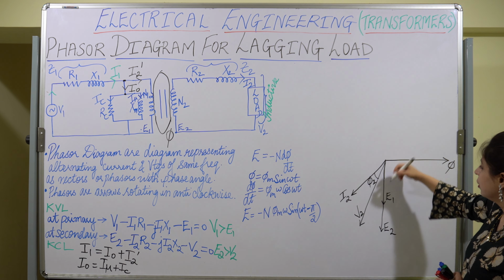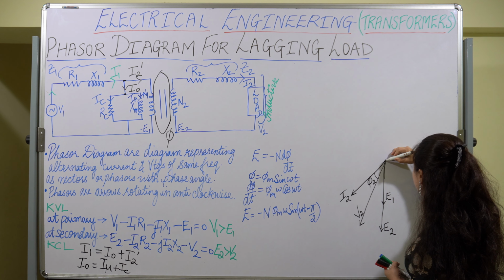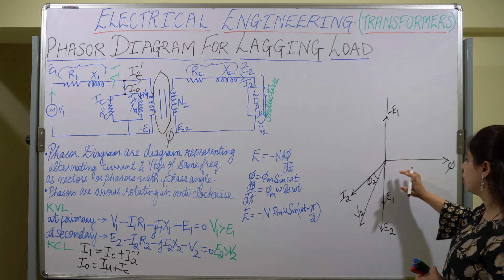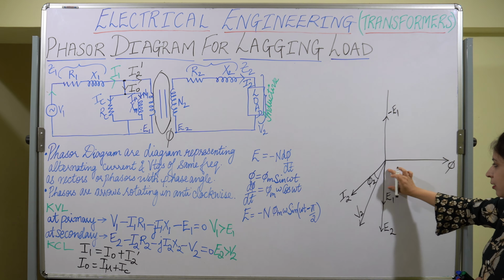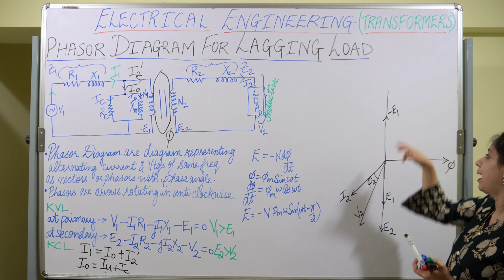Here is E1. If I have to draw minus E1, then it will be on this side. Because this is E1 magnitude, here we are taking positive, so that side it is negative, it will be minus E1.